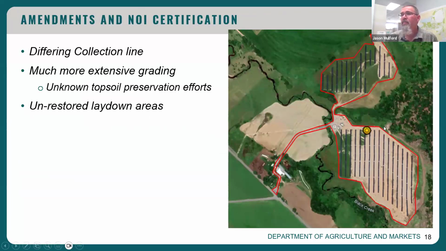This particular site has a differing collection line, and increased impacts to a field that was previously going to be untouched. So we addressed that with NYSERDA and the developer. What can be done at this point? Not a whole lot, but we force them to make an amendment.